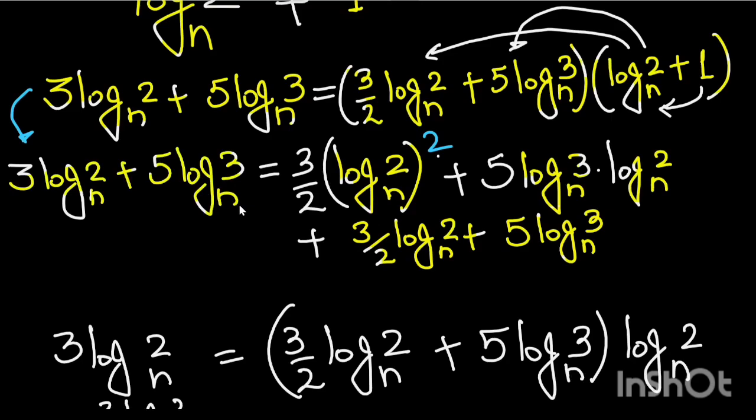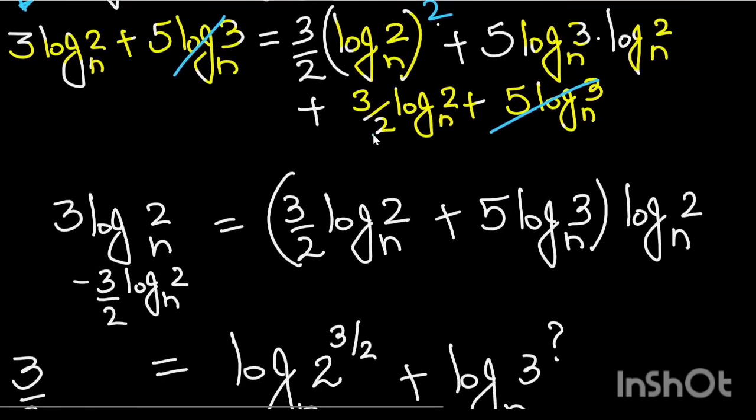Now as you can see, in LHS and RHS, 5 log 3 base n cancels out. And this term will go to the left hand side, so plus 3 by 2 will become minus 3 by 2 log 2 base n, 3 log 2 base n.